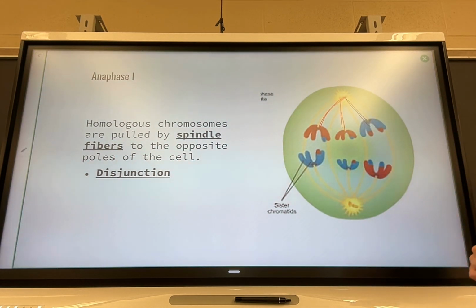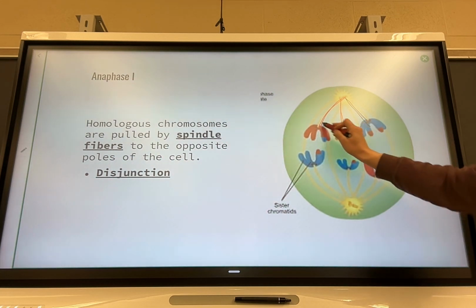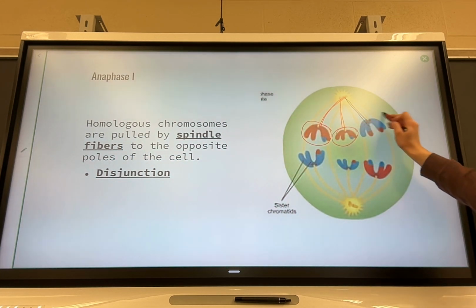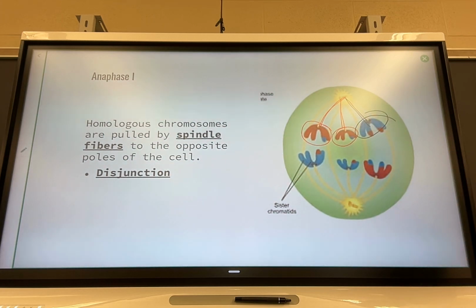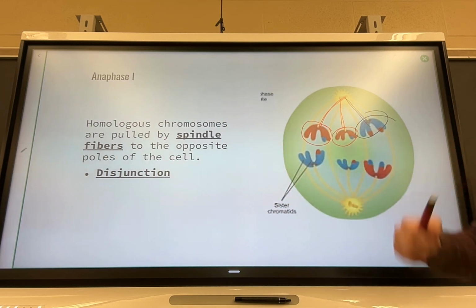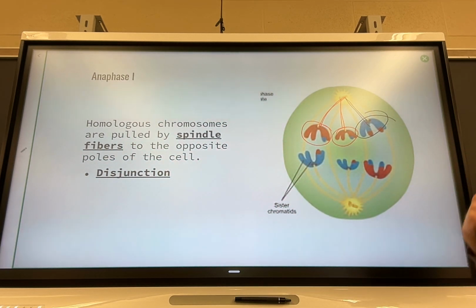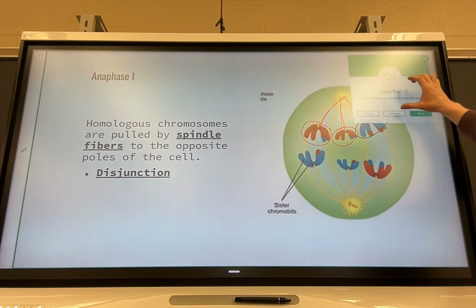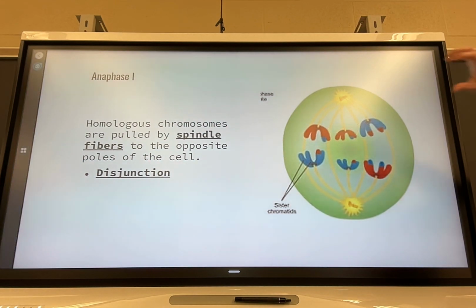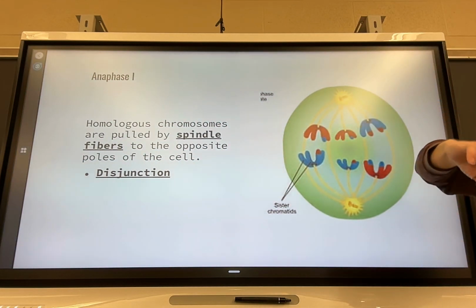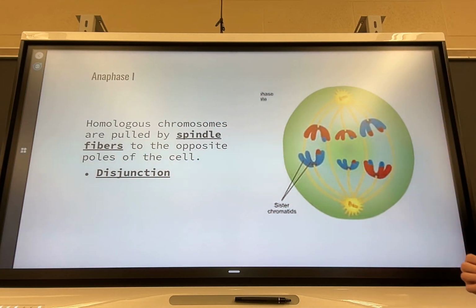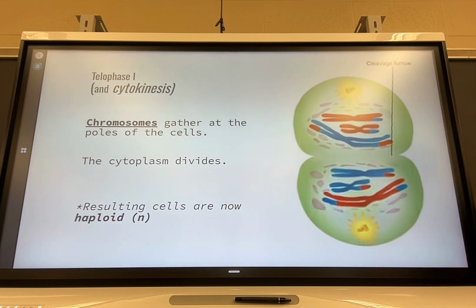But instead of getting separated like we did in mitosis, in meiosis we are pulling the whole chromosome away from its homologous pair. And we call this process, not only in meiosis but also in mitosis, disjunction. So the spindle fibers pull all of the homologous pairs apart, and we move into telophase.